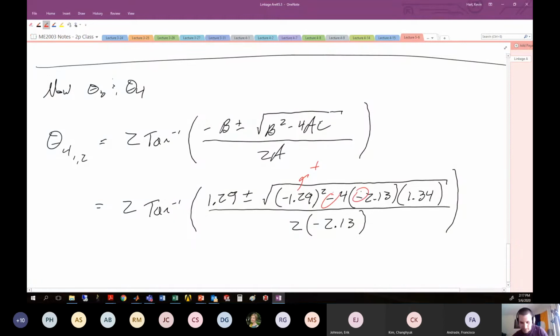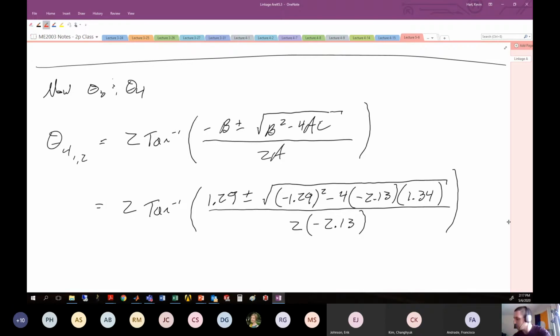After we subtract the negative, the contribution from this will also be positive. So we'll end up with a positive value under the square root, meaning that we will have real solutions, not imaginary solutions. We're checking to see if our solutions are imaginary, and they would only be imaginary if the values underneath that particular square root, or the radical, as we have discussed previously, were negative. So we've seen here, after doing the algebra, that in this particular case we should have a positive value under the square root, resulting in 2 possible answers for theta 4.